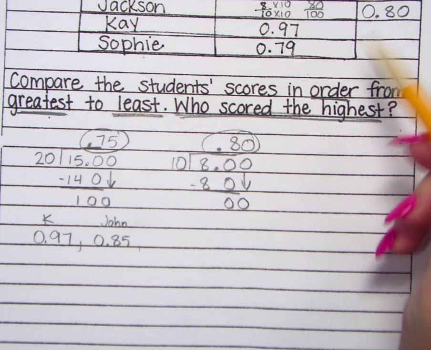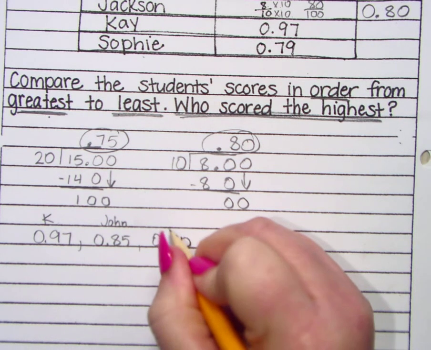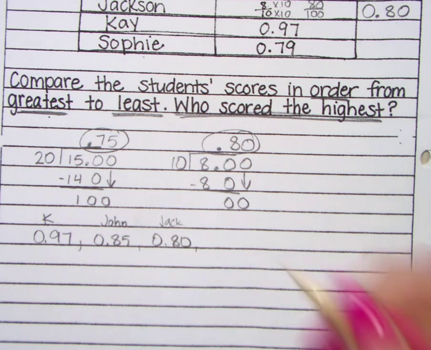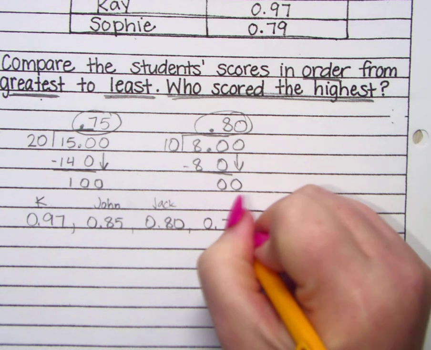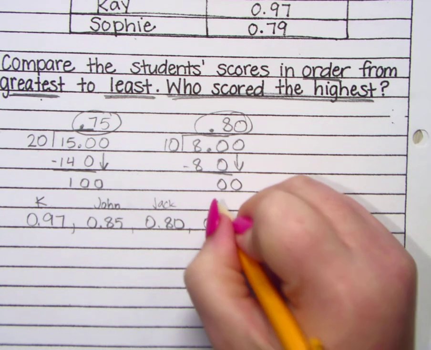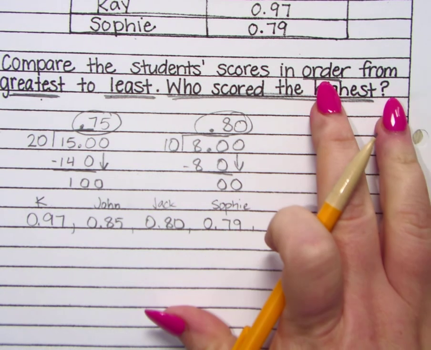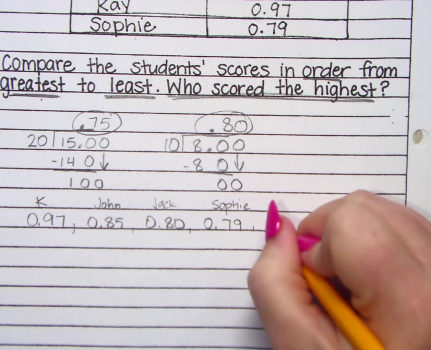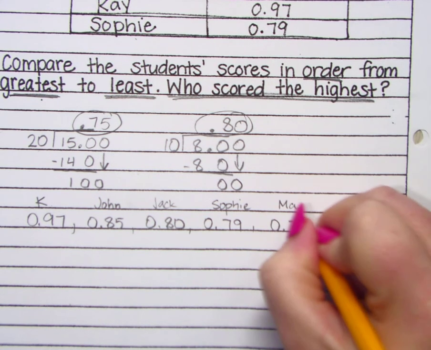Then let's see, I have 80 hundredths, and that was Jackson. Then I have 79 hundredths, and that was Sophie. And then I have 75 hundredths, and that was Macy.